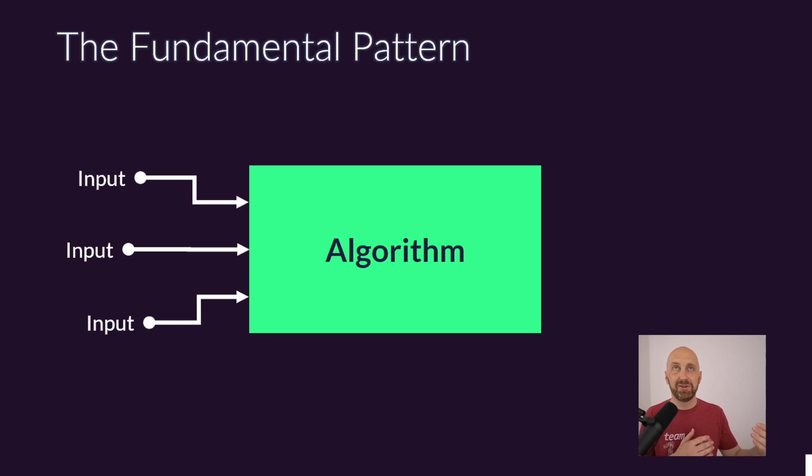Even though the number of inputs might vary, the algorithm itself is just the same set of instructions, right? That's pretty cool. That means we can write algorithms once and have them work on inputs out in the real world.